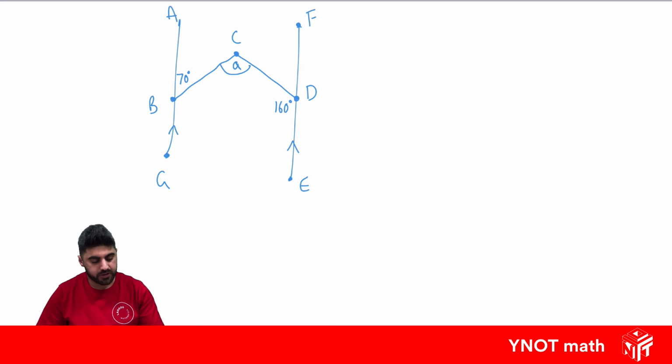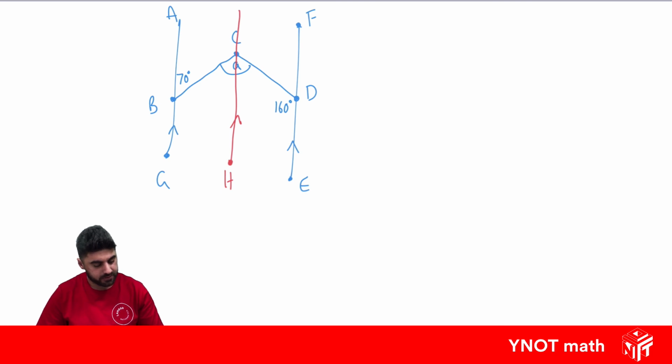So to do a question like this where we have parallel lines with, if you like, a bent transversal, we actually need to construct a parallel line going through the bend. So we're going to construct a parallel line there. We might call this H at the end here.